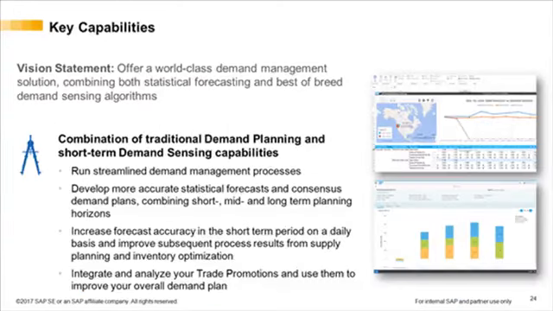With IBP for Demand, we are answering the needs of our customers to fasten and streamline their demand management cycles. With this solution, we are combining for the first time classical statistical forecasting and demand sensing, short-term forecasting, in one powerful solution. Modern new algorithms allow us to further improve forecast accuracy and bring planning down to the most granular levels.